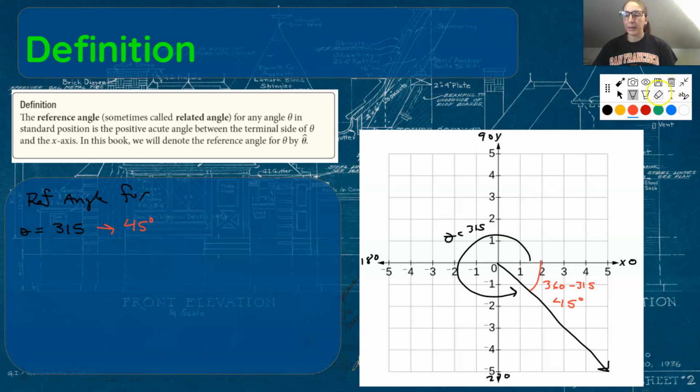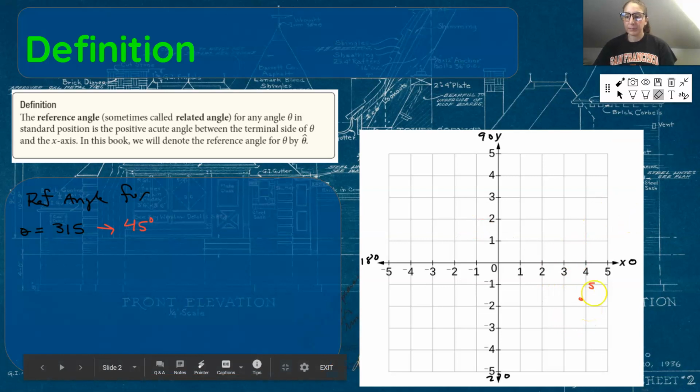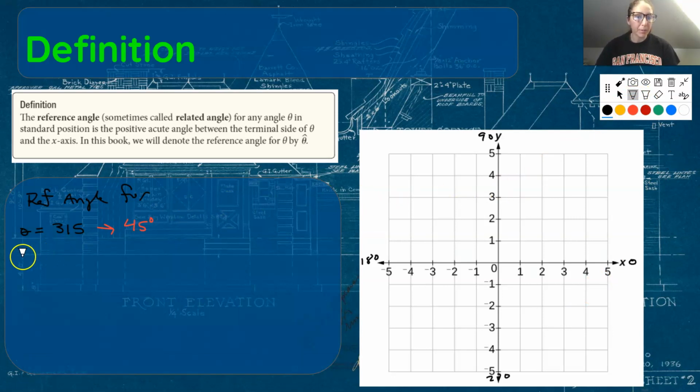Okay, what about if I had theta equals negative 135 degrees? Well, that's a negative angle. How do I do that? Well, remember, negative angles just open downwards.